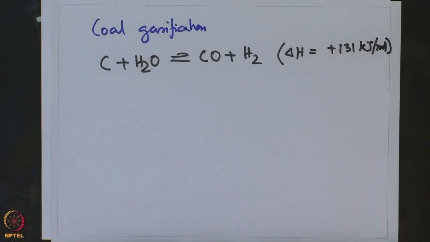So, with this I would like to conclude today's discussion on water gas shift and Fischer-Tropsch synthesis. To summarize, in today's lecture we had looked at the various scope of the epoxidation reaction, particularly with respect to enantioselective epoxidation reaction.